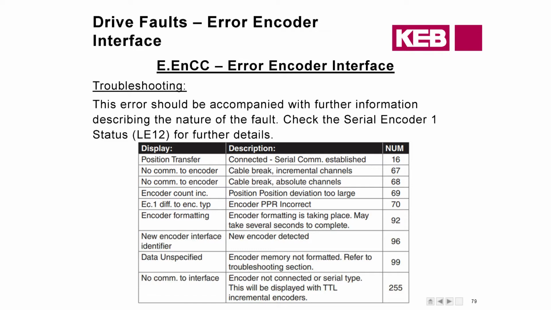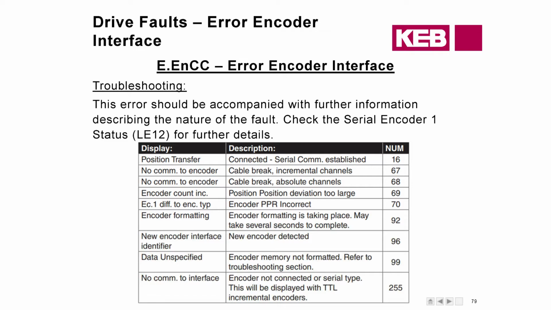So what you can do is go to encoder data and look at LE12, and you should see this position transfer. If you see position transfer, that means that the encoder and the drive are talking to each other, everything is normal. If you see something else, then that likely indicates there's a problem.